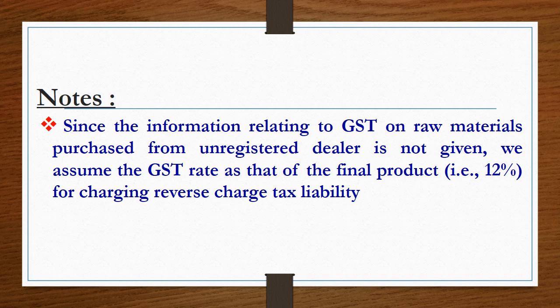So you need to write a note as shown here: since the information relating to GST on raw materials purchased from unregistered dealer is not given, we assume the GST rate as that of final product, that is 12%, for charging a reverse charge tax liability. Okay, so this is the note you need to write.